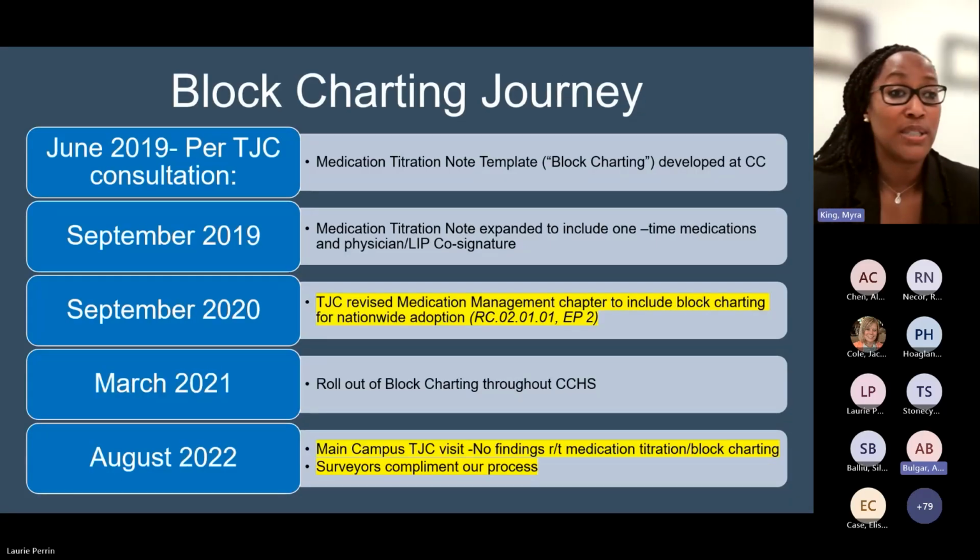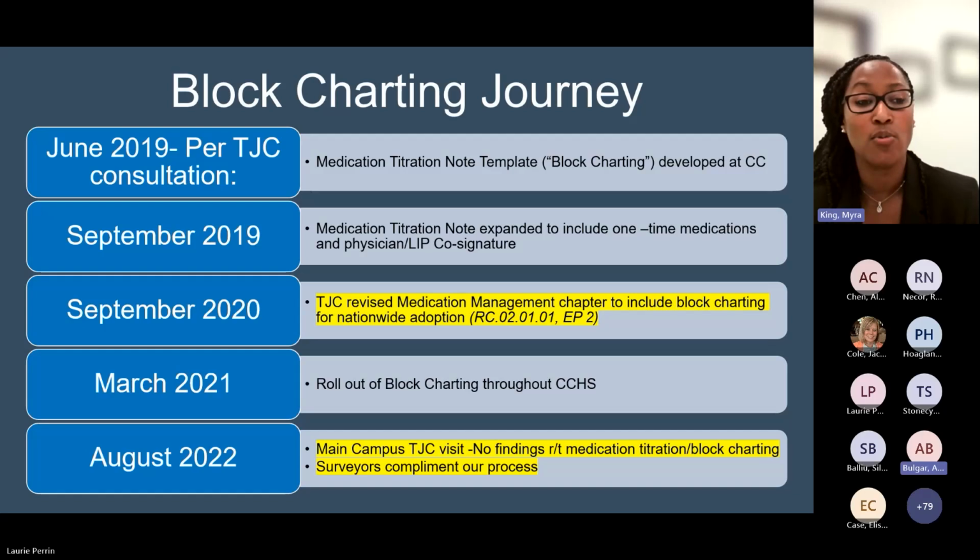Once we had a note template that we drafted, we consulted with Joint Commission, and that was really helpful. We asked for feedback on the note, and the representative was helpful in providing guidance to us and gave an approval for us to pilot this note. We originally called it a medication note template. Now it is called block charting.